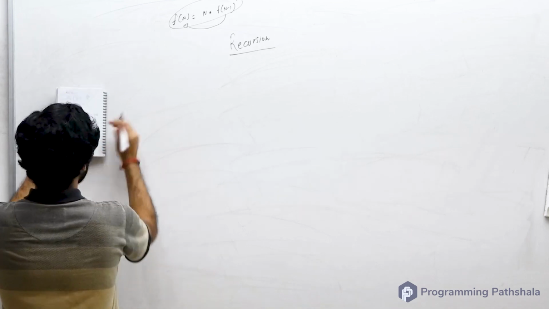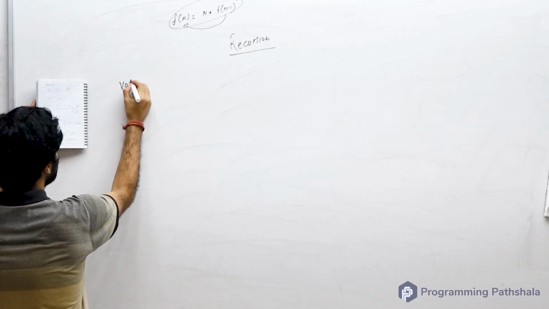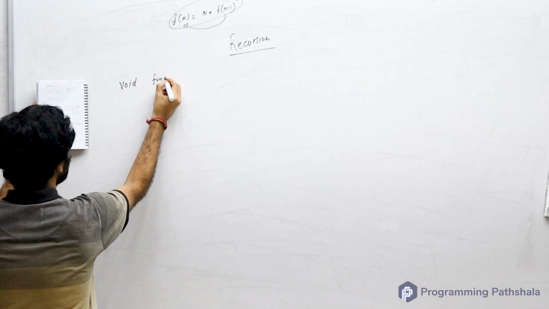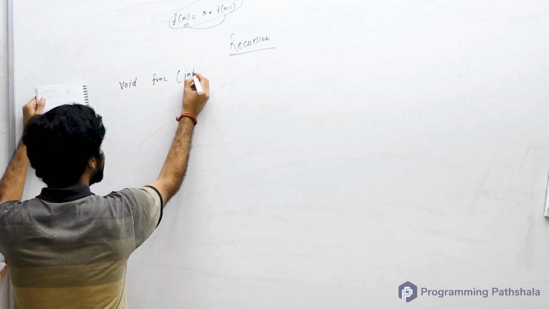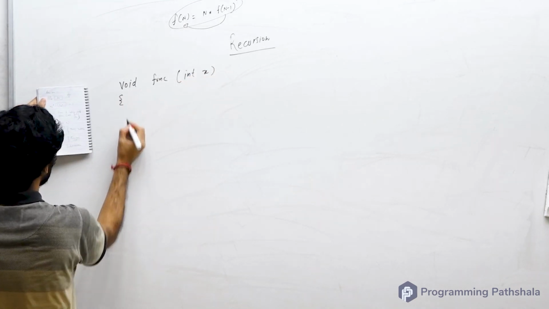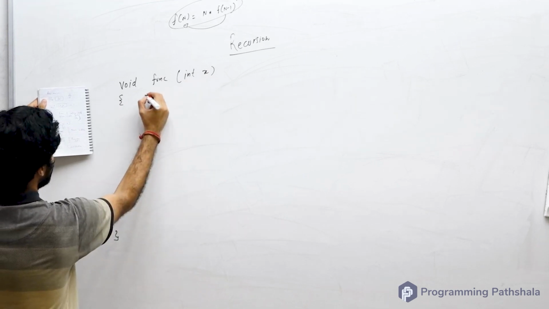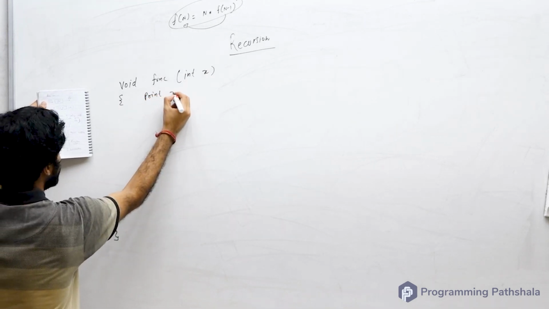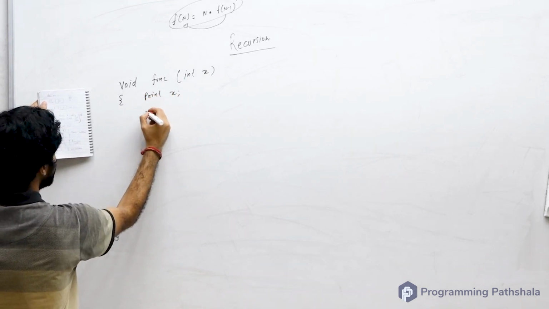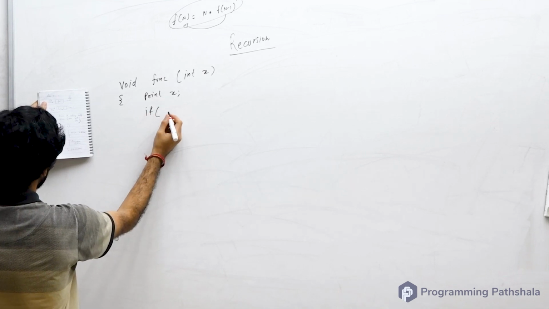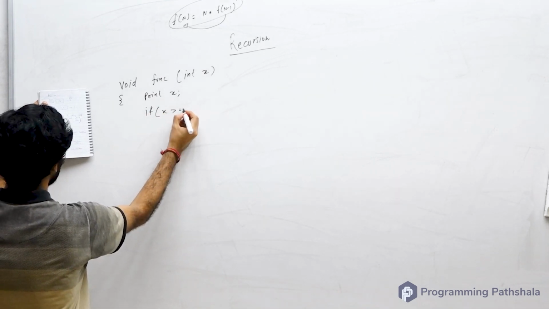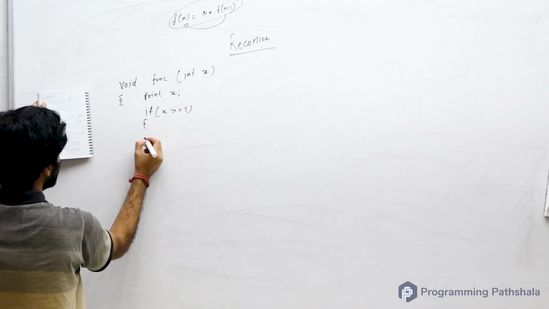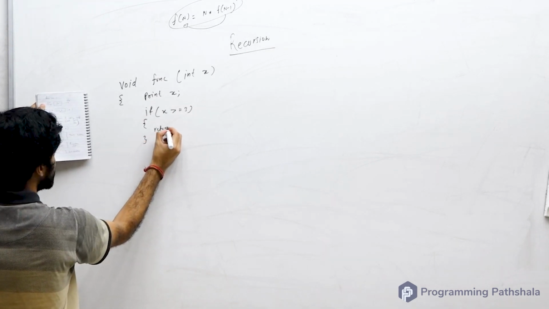So let's say there is a void function. Void function means it is not going to return anything, but it takes an argument, and it first prints the value it gets, and then it has a condition that if x is greater than or equal to 3, it will simply return.